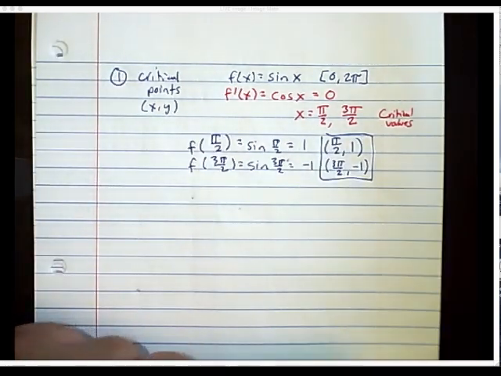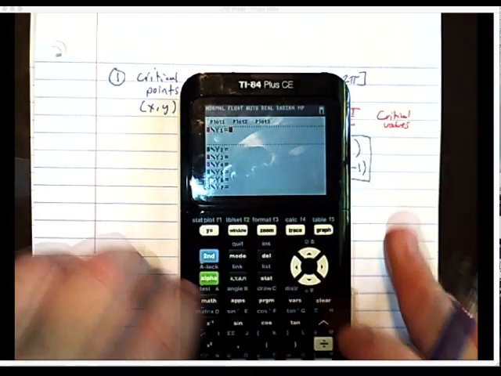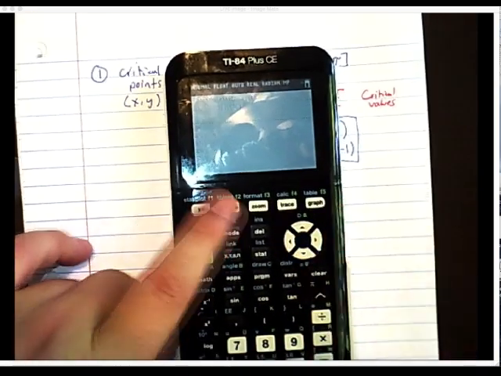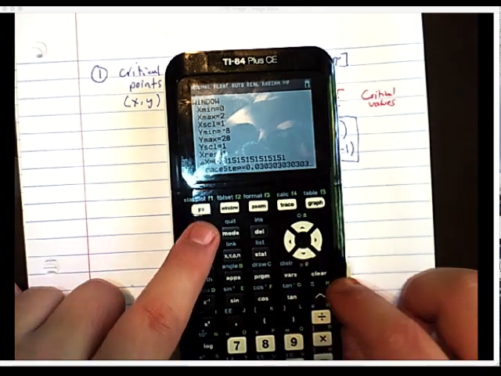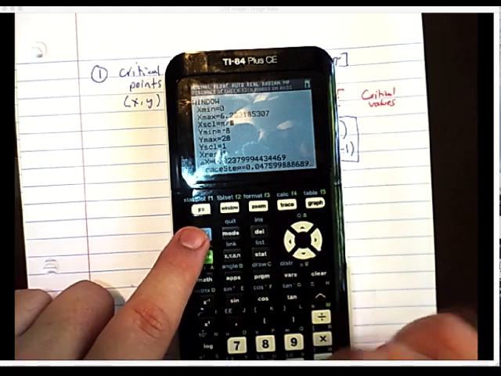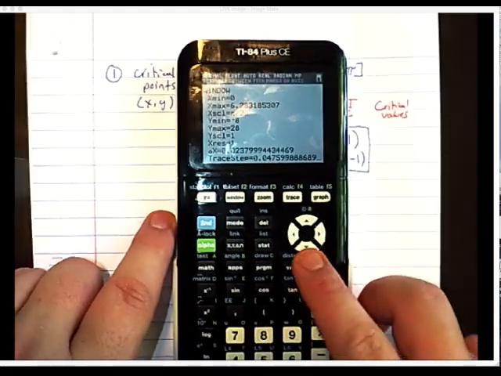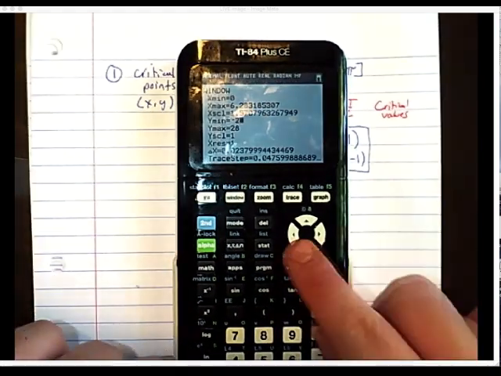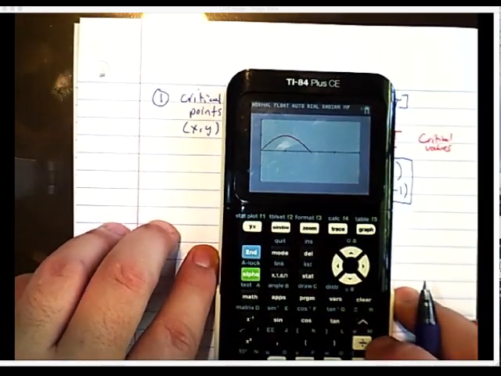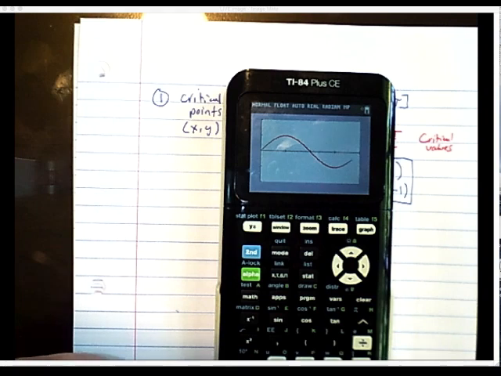So these are the critical points. And if you looked at a sine curve, let me graph a sine curve here. That was the original function. And let's just go from 0 to 2 pi. Okay, maybe we'll scale by every 90 degrees. Okay, and maybe we'll just go -2 to 2, that'll do the trick. So here's a sine curve from 0 to 2 pi. Where does it look like the critical points are?